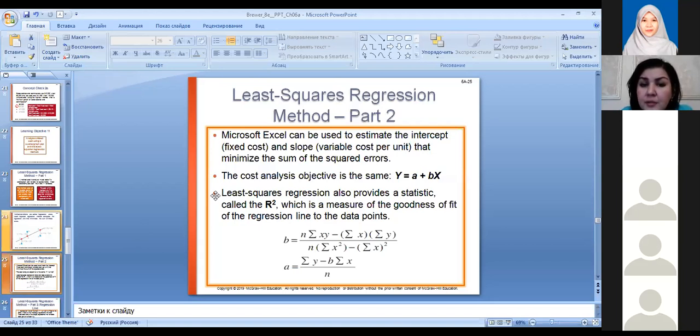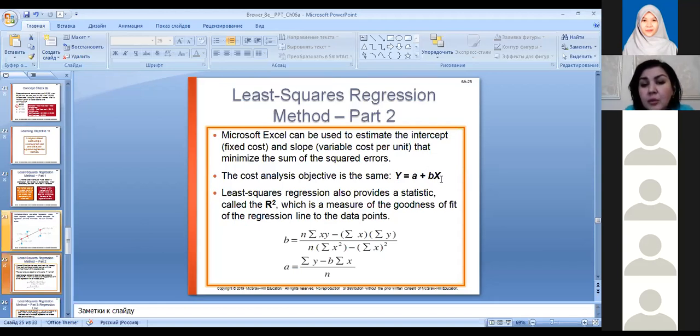So actually, least squares regression analysis also uses this equation. The total cost equals fixed cost A, plus total variable cost, which is B, variable cost per unit, multiplied by X, number of units.